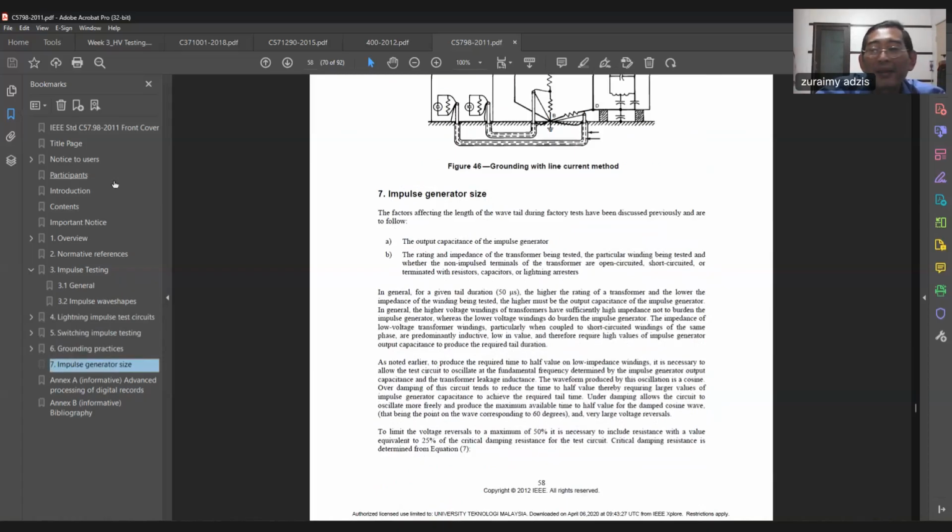So that's why the apparatus standards must be used together with IEEE Standard 4. All right, because IEEE Standard 4 is general about high voltage testing, but apparatus standards actually give you all the necessary testing for a particular apparatus.